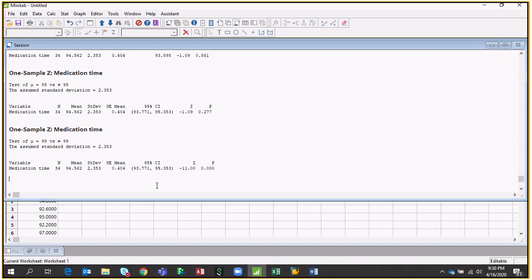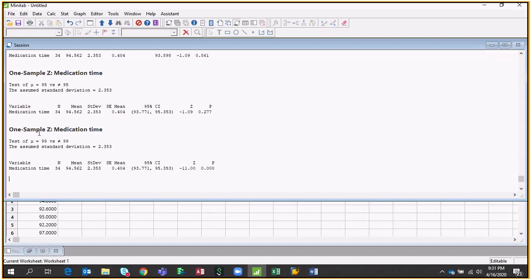Can I ask one thing? Is 99 falling under these two areas or this interval? No, because your interval is 93.7 to 95 and 99 will be somewhere else, right? So that's why you can see p-value 0, 0, 0. A p-value of 0 means you have to reject the null hypothesis.